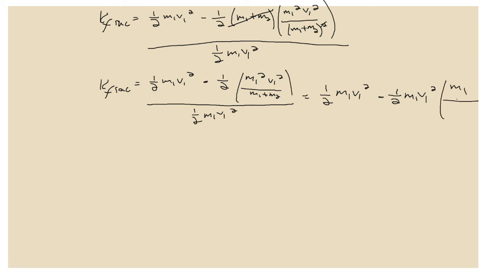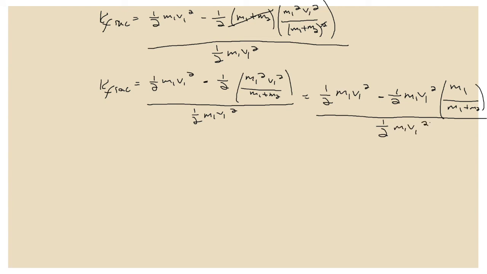So that's going to remain behind in the numerator. Notice if I take 1/2 m1 v1 squared times m1, then I get this, 1/2 m1 squared v1 squared. And then, of course, in the denominator, I'm going to have m1 plus m2. And then in the denominator of the whole thing, I'm going to have 1/2 m1 v1 squared.